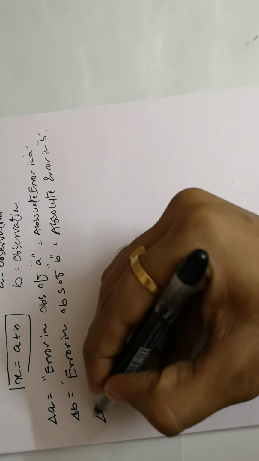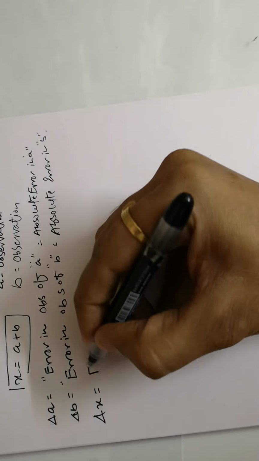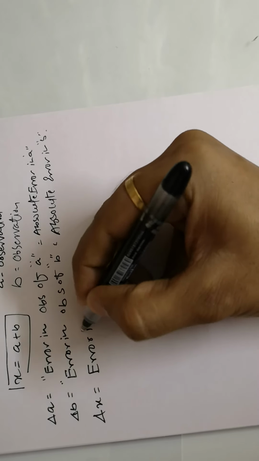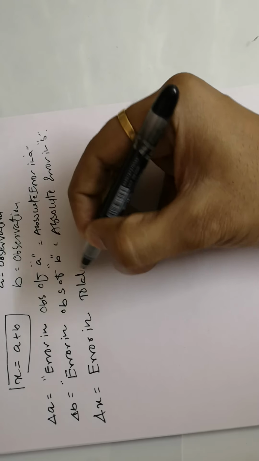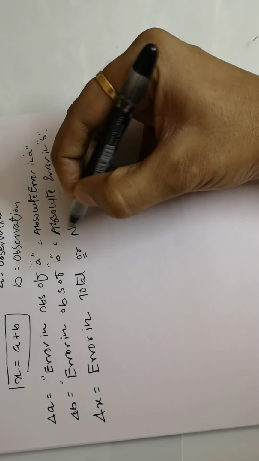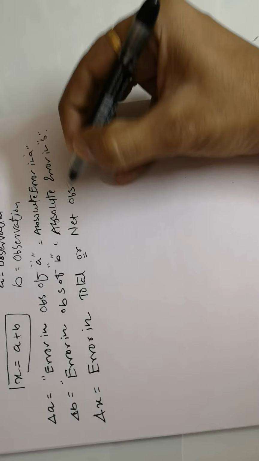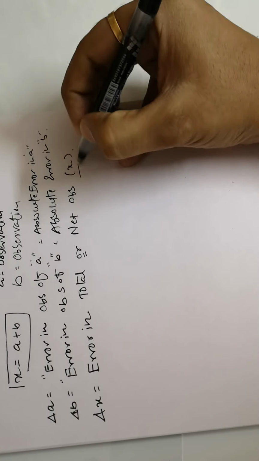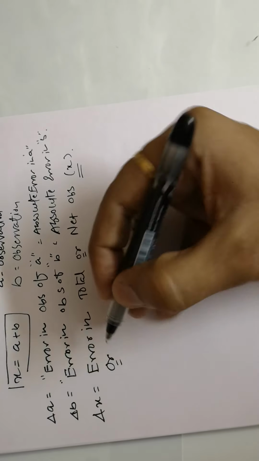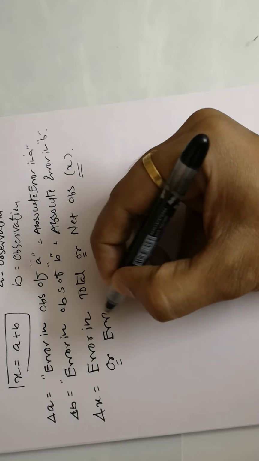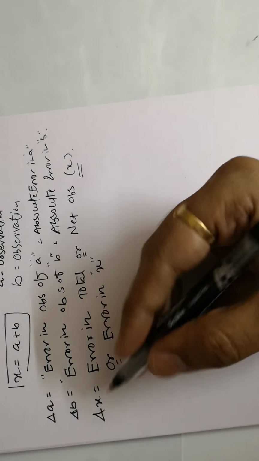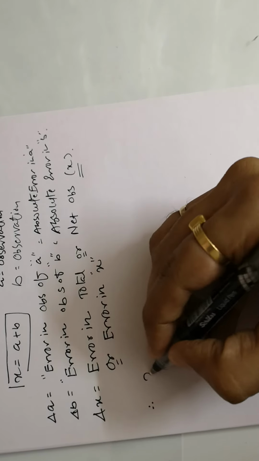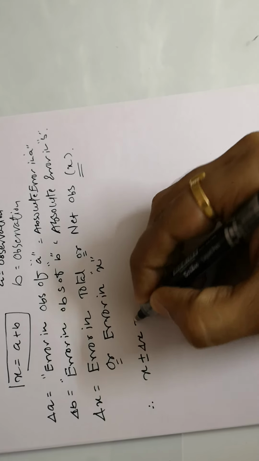First of all, delta x. As per our notation, I can say the error in the total or net observation, which is called x, or in general the error in x. So what I am doing is writing x plus or minus delta x.